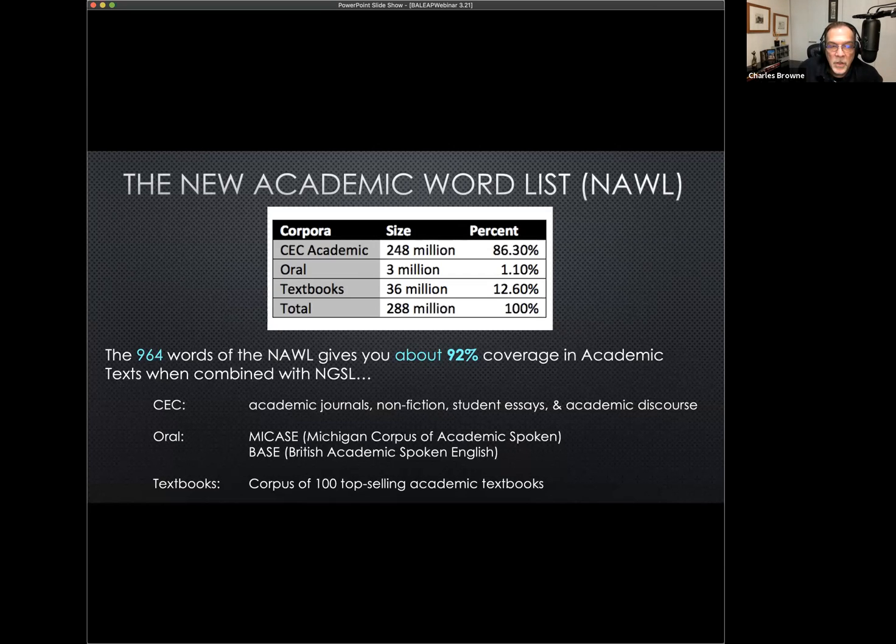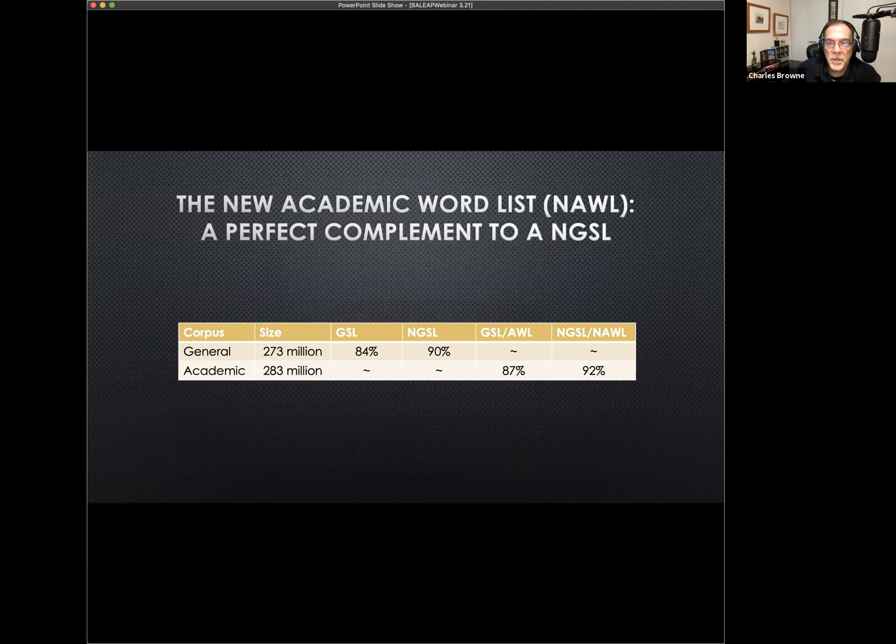We also created a corpus of 36 million words by basically buying more than 100 top-selling academic textbooks from various genres, and then cutting the bindings off and scanning them and OCRing them and putting that in the corpus as well. And so it's a pretty balanced corpus, at least for a first attempt. And we were able to get pretty good coverage.